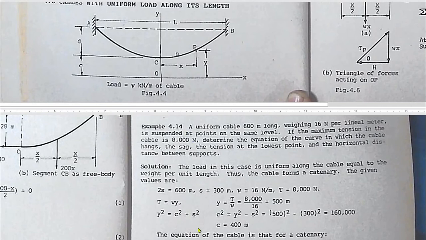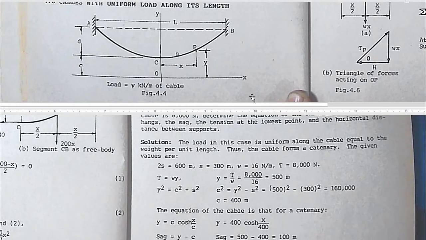Okay? Next. So, Y square is equal to C square plus S square. Since alam na natin yung Y, okay? So, meron na tayong Y, and then alam na rin natin yung S, which is 300. We can easily solve for C. Okay? So, C is equal to 400 meters. The equation of the cable is that for a catenary.